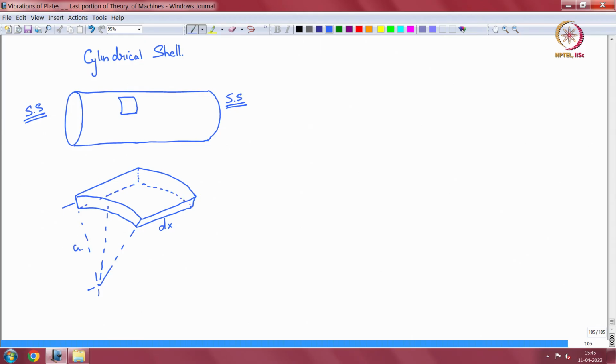Okay. And let us derive. So what is the objective here? Let us derive the 3 equations of motion in terms of the resultants.